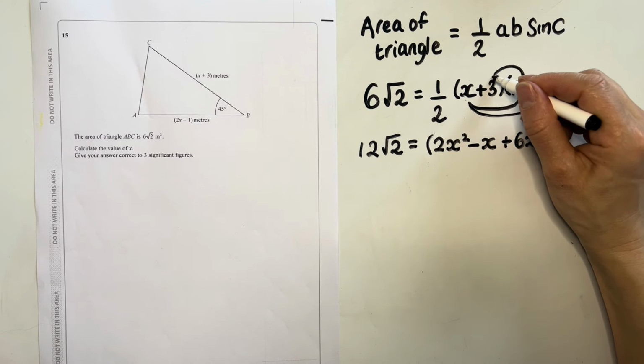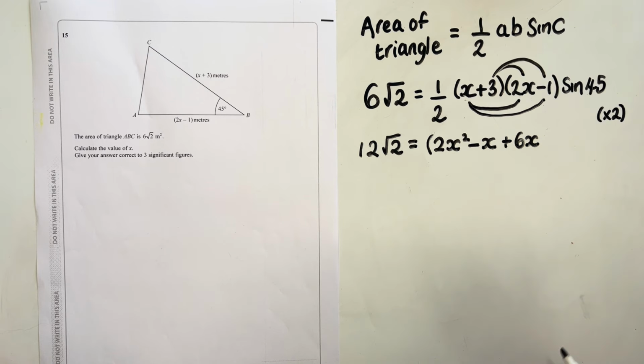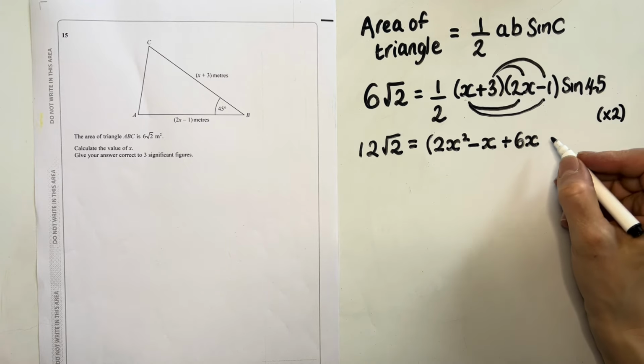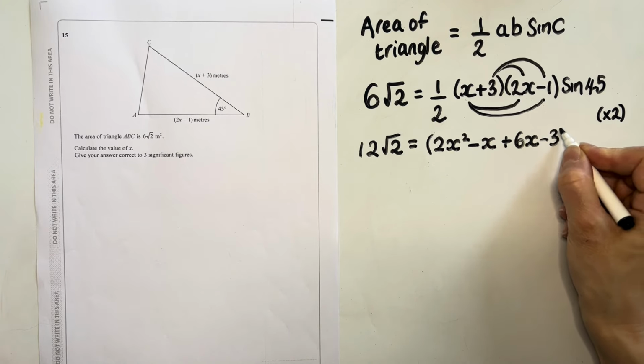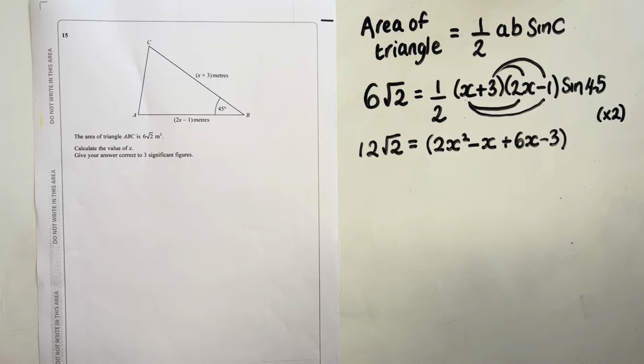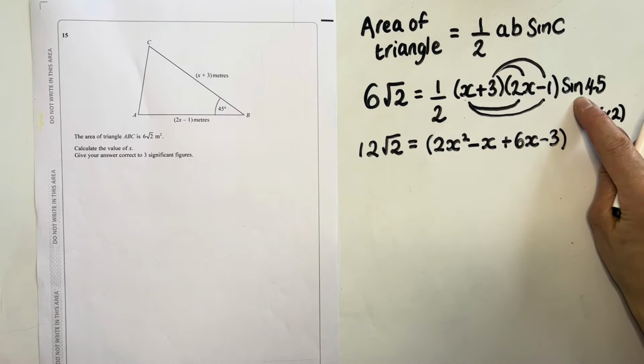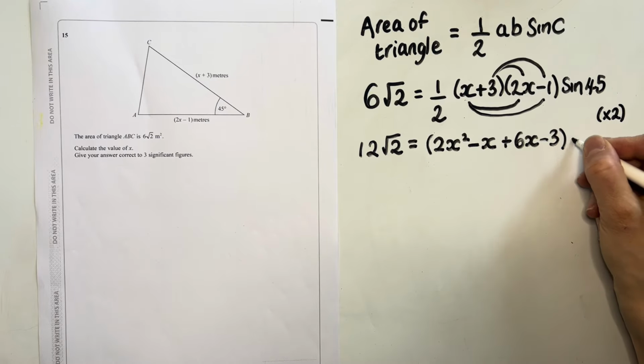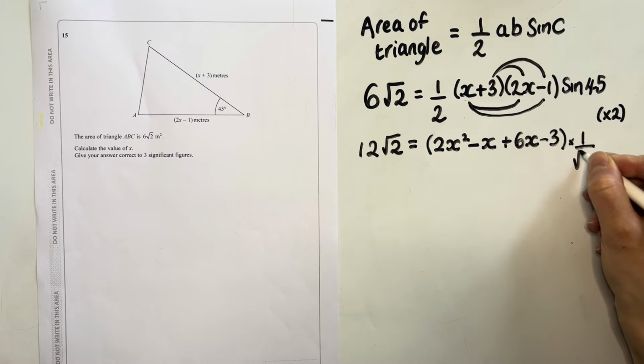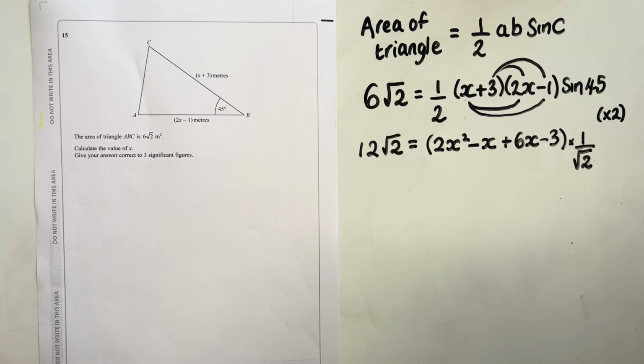And we've also got 3 times minus 1, so we have minus 3. Sine 45 is also the same as 1 over square root 2.